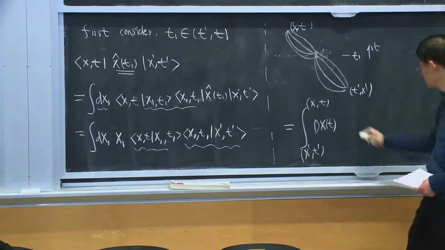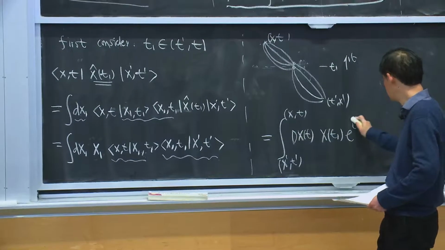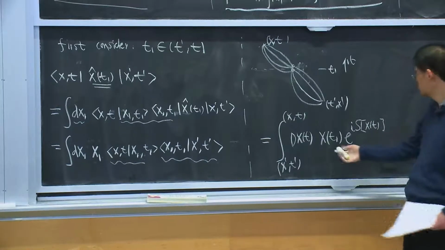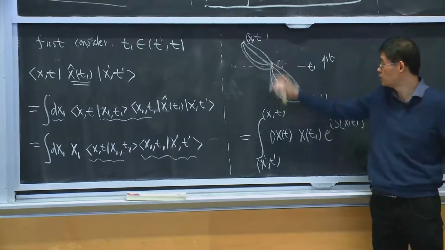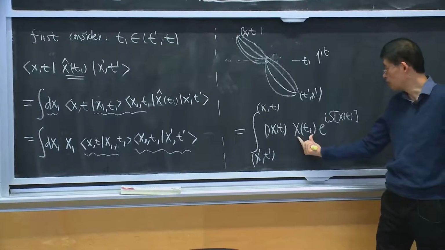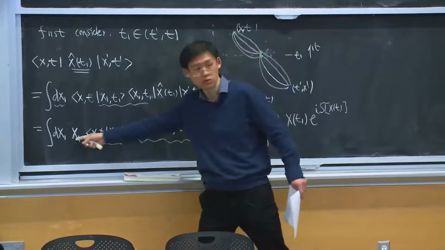But then we just have x at t1 here. At this time t1, you multiply in the integrand the value of x at t1. So this is essentially just the x1 here.